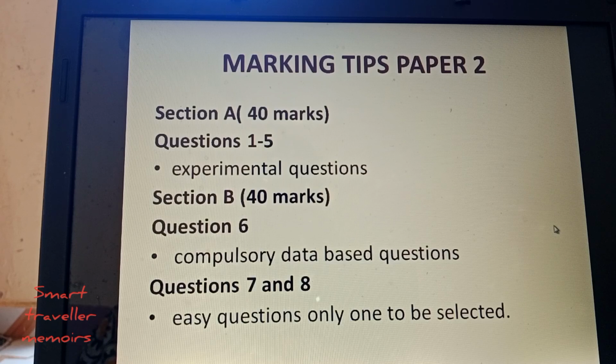Section B is 40 marks, and Section B has 3 questions. The first question is question number 6, and it is a compulsory data-based question. So you are given data, you answer questions from that data.